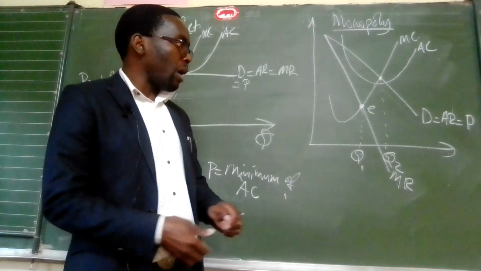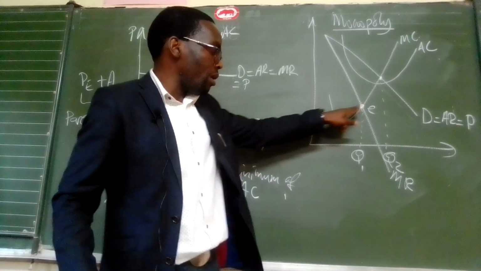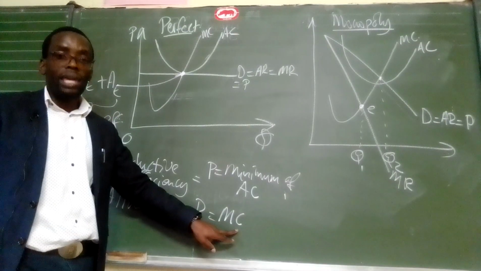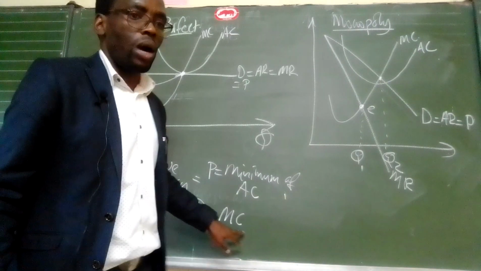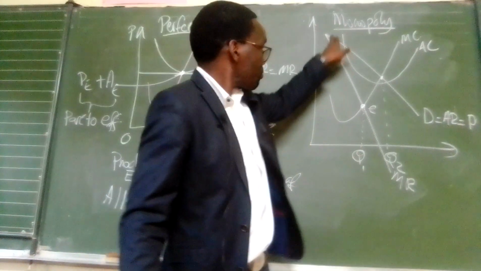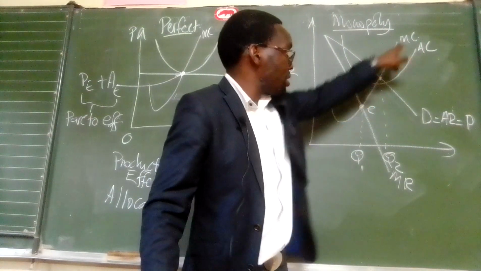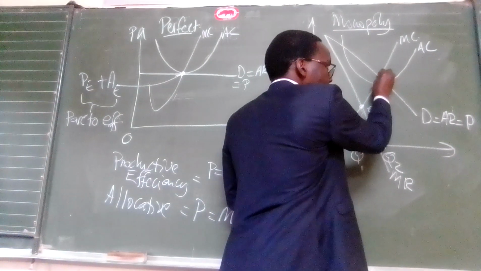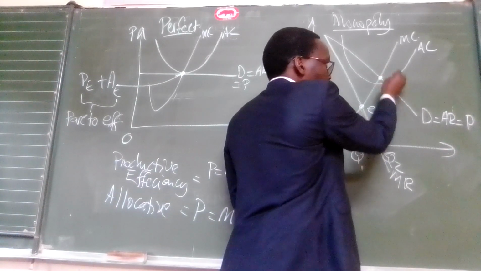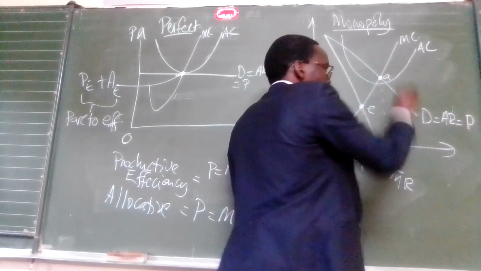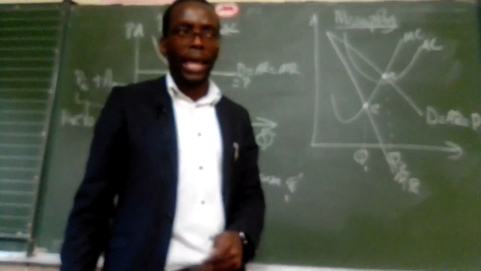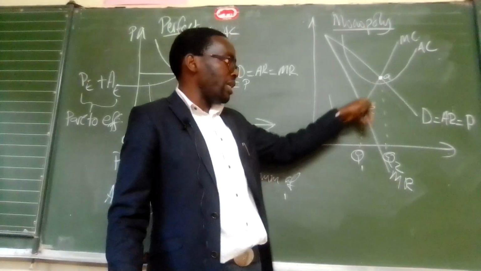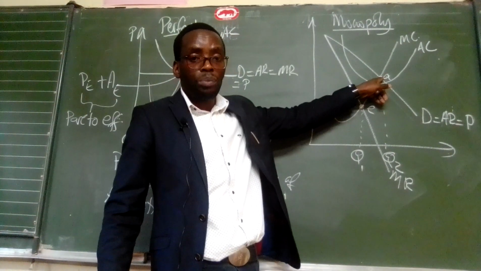For a monopoly now, the allocative efficiency is where price is equal to MC, okay? Which would mean that our price there is equal to MC there, at that point where our MC curve crosses our price. That's where we are going to have allocative efficiency. So I'm just going to write a small letter A there to indicate that point. So the profits are maximized here, allocative efficiency is at that point, okay?